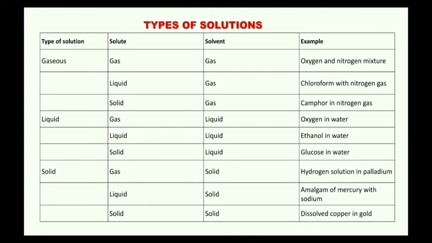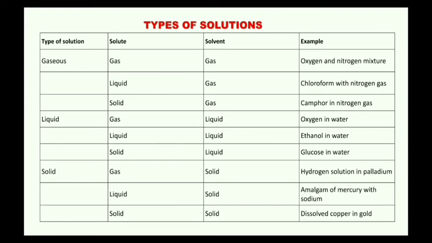Right, so we have understood the three types of liquid solutions where we have varied the state of the solutes. Okay, and we have also studied the three types of solid solutions where the three solute states have been varied, that is solid, liquid and gas. Similarly, we have also learned for gaseous solutions, but the solvent state remains the same.